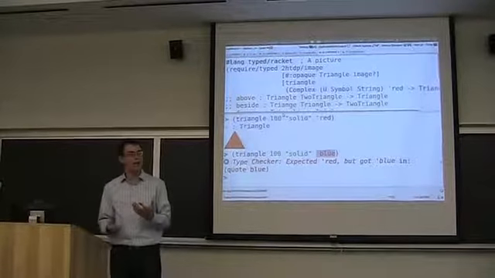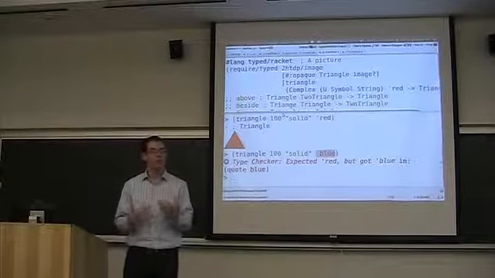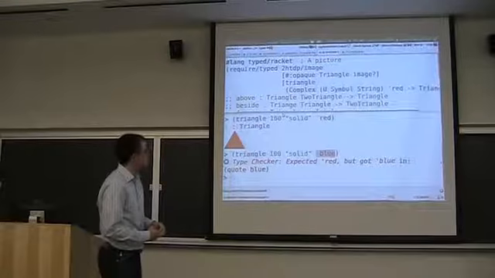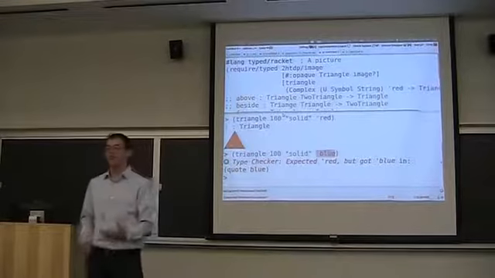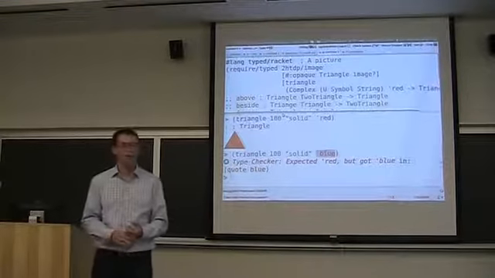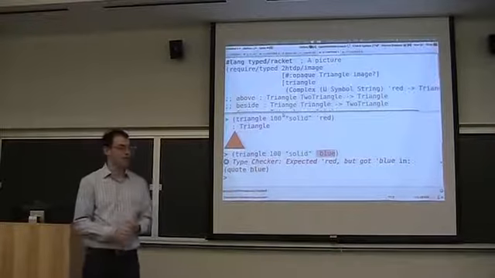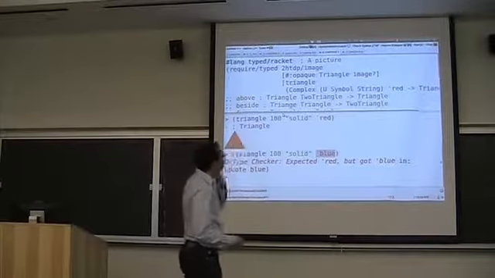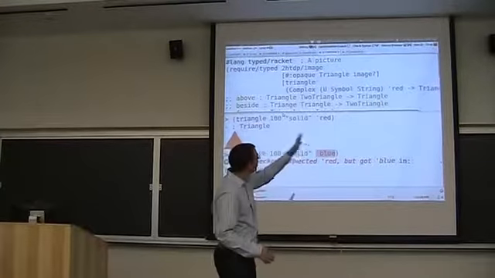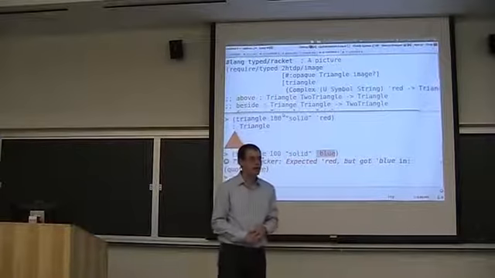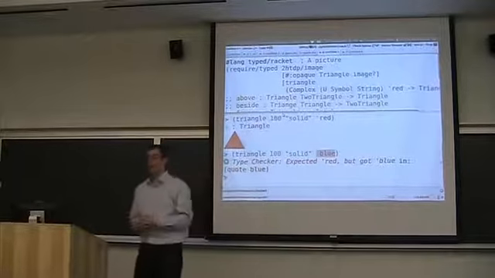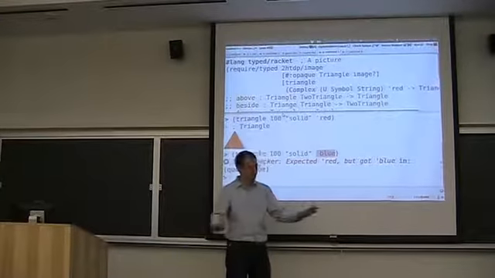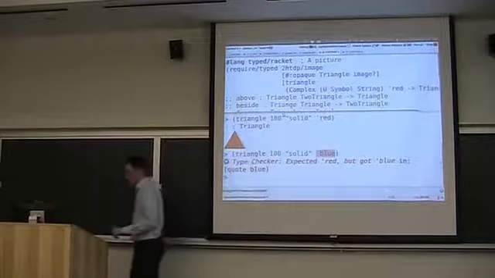It's again designed to work with the way we program in Racket, which is that tick red is a funny kind of type if you're coming from pedestrian type languages like Agda or something. Which is that it tells you that there's exactly this symbol out of the whole space of symbols, and only this one is allowed. This blue symbol, we're not going to have any of that. There will be no blue triangles in this program.